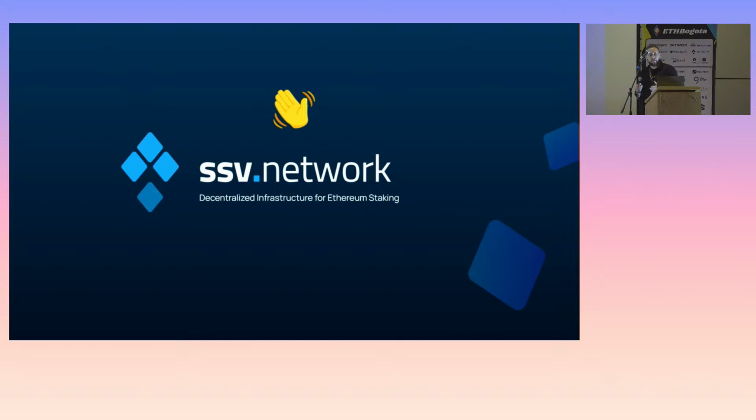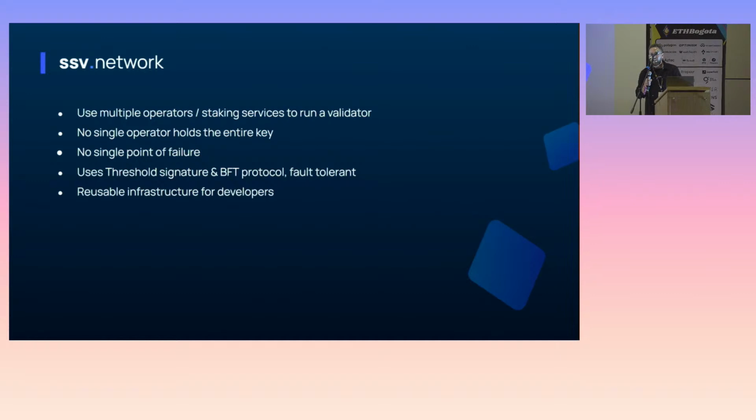So with that in mind, let's circle back to SSV. SSV is a protocol, a decentralized infrastructure for Ethereum staking, and it tries to solve a lot of the issues that we just covered. So how does it do that? Well, first, it doesn't use a single validator node or any specific staking service or provider to run its validators. It uses multiple of them.